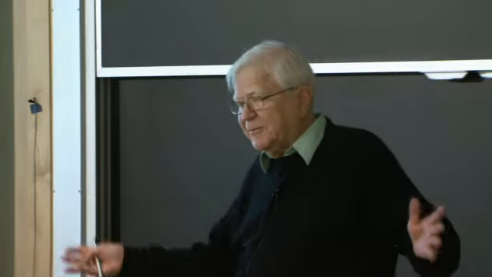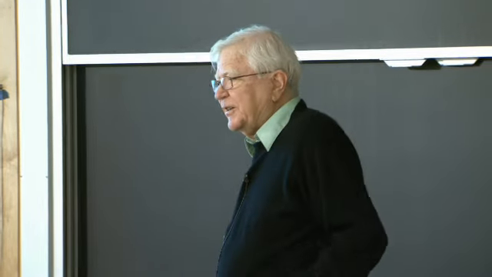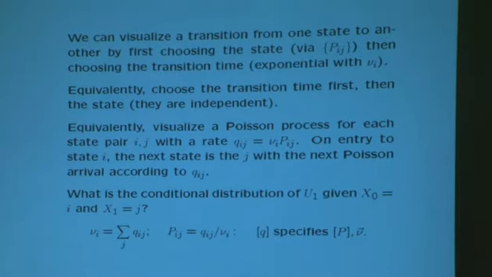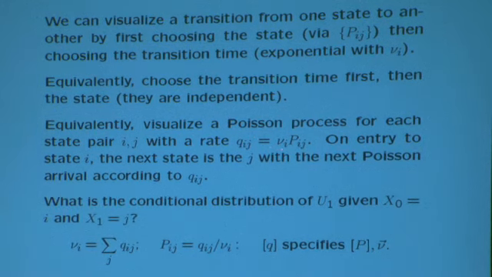So you have a countably infinite number of Poisson processes, which sounds a little complicated at first, but you visualize a Poisson process for each state pair i to j, which has a rate q sub ij, which is the rate at which transitions occur out of state i times p sub ij. This is the rate at which, when you're in state i, you will go to state j.